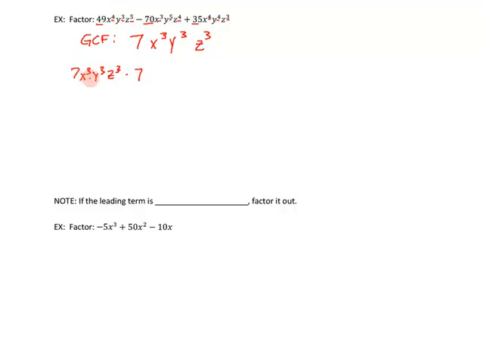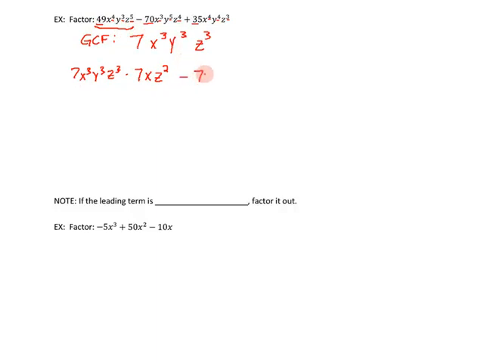X cubed times what gives me x to the 4th? Well, that needs one more x. Y cubed times what gives me y cubed? Well, 1, so I don't need to include any y's. And z cubed times what gives me z to the 5th? Well, because we add exponents when we multiply like bases, it's z squared. Right? This is the same thing as the first term in the polynomial.